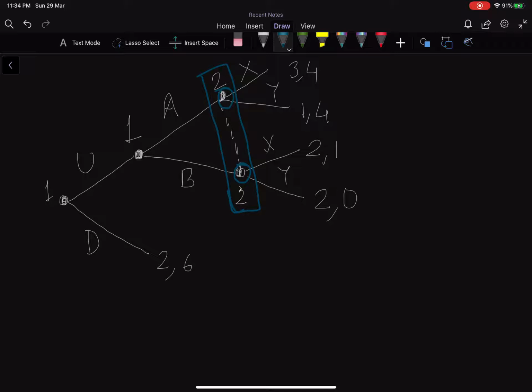Imagine our definition of strategy that I discussed in the last class. I had mentioned that a strategy must specify a full plan of action. So it must say what a player is doing in each node that it can make a move on.